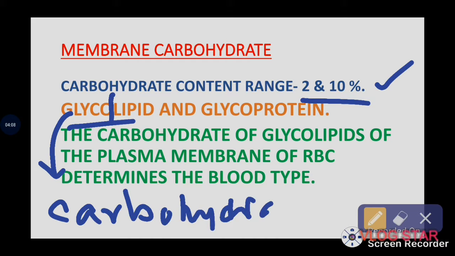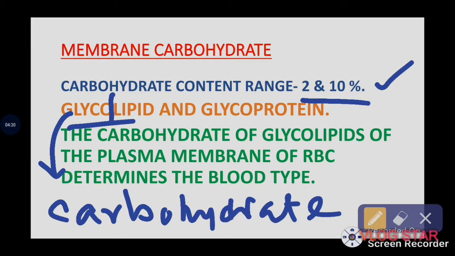The term glyco means carbohydrate, and when it is attached to a lipid molecule, we call it a glycolipid molecule. Usually these glycolipid complexes have oligosaccharide chains attached to them.